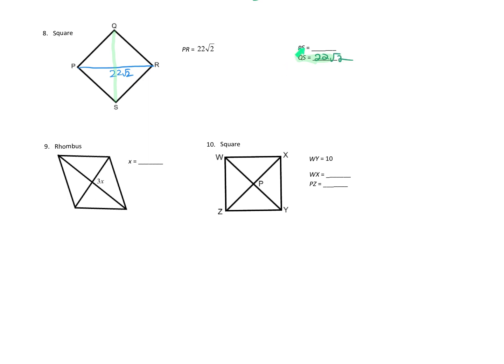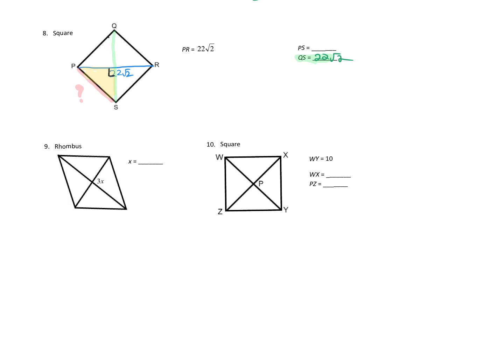So the last question is, how long is PS? Well, this is a triangle. Since the original shape is a square, we know that the diagonals are perpendicular.